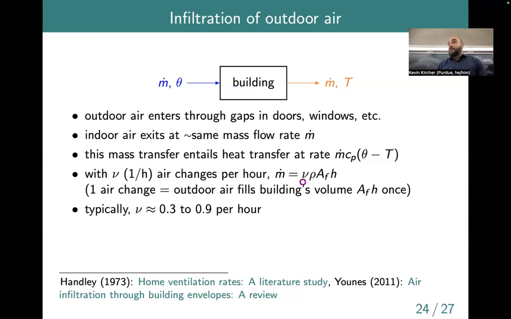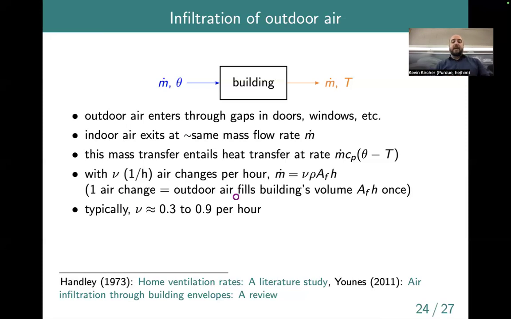So if you're somewhere like a hospital where keeping concentration of pathogens super low is really important, or other spaces like laboratories might also need to be super clean to avoid dust and other contamination, there you might have really high air change rates, maybe on the order of 10, 20, 30 changes per hour. For a space like this, we might have on the order of 1, maybe half of an air change per hour. And what that means is that 1 air change is filling the entire volume of space with outdoor, fresh air, 1 time.